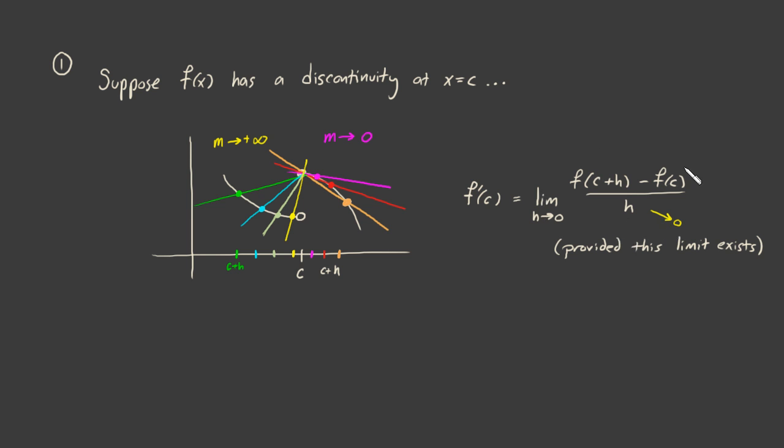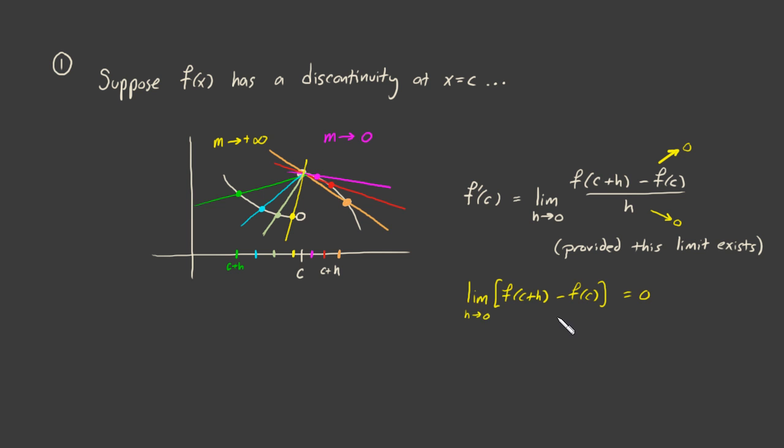But that implies, if this limit exists, what does it imply about the numerator? If the numerator was going to anything besides 0, for example, what if the numerator was going to 5? Then you'd be looking at a fraction where the top is getting really close to 5, the bottom is getting very small. Overall, the fraction would be getting very large because you're dividing 5 by a really small thing. That in the limit would be flying off to infinity. The only way this limit exists is if the top also goes to 0.